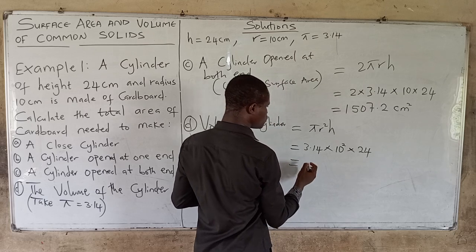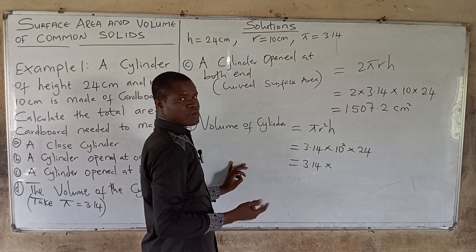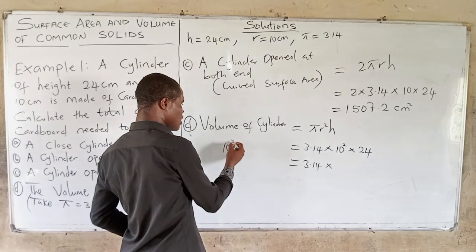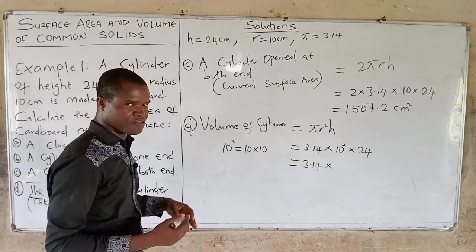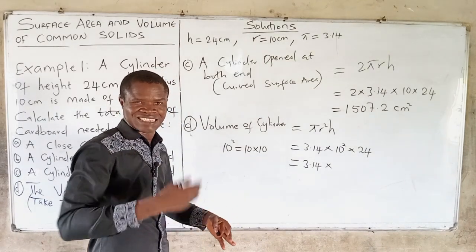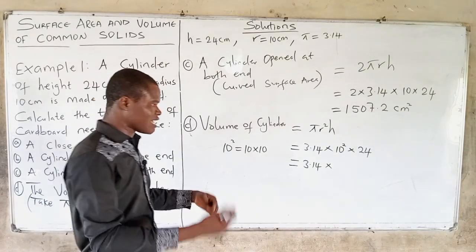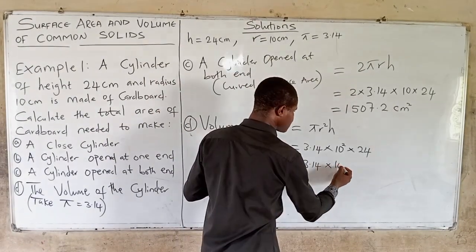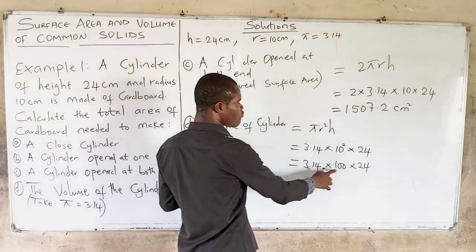So this is equal to 3.14 times 10 square, which means 10 multiplied by 10, that is, 10 multiplied by itself. Many students make the mistake of saying that 10 square means 10 times 2. It is very wrong. 10 square means 10 times 10. So 10 times 10 will give us 100, times 24. So 3.14 times 100.